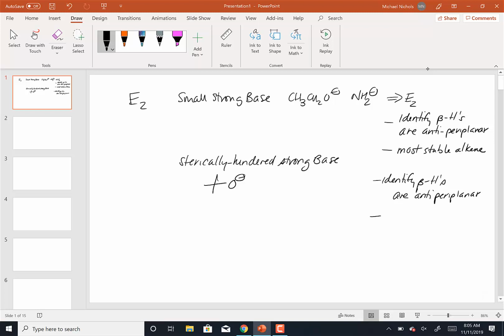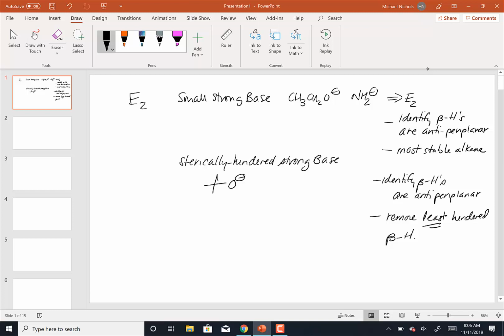And then if we have more than one of those hydrogens that can be removed to give different products, what we're going to do is remove the least hindered beta hydrogen. Okay.